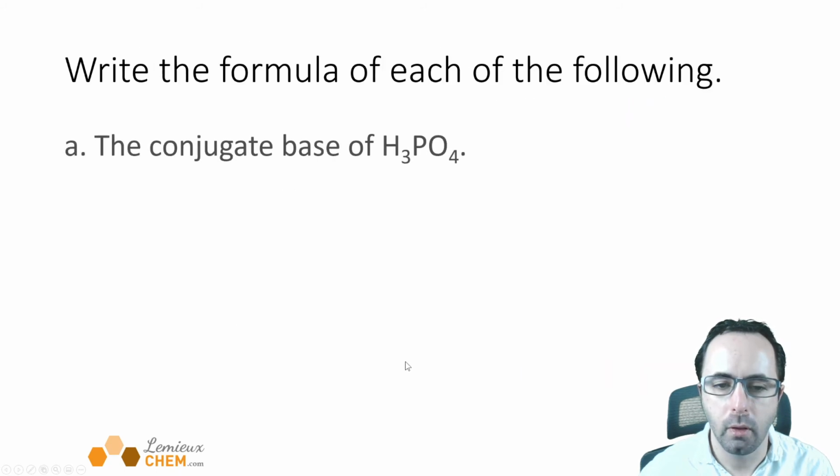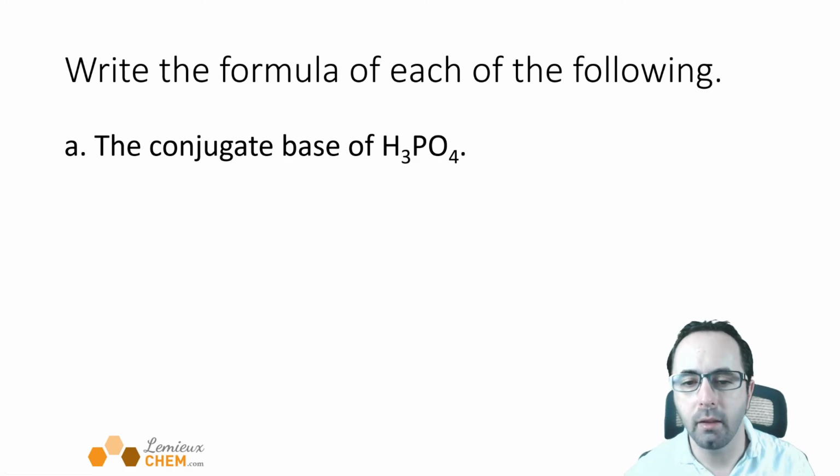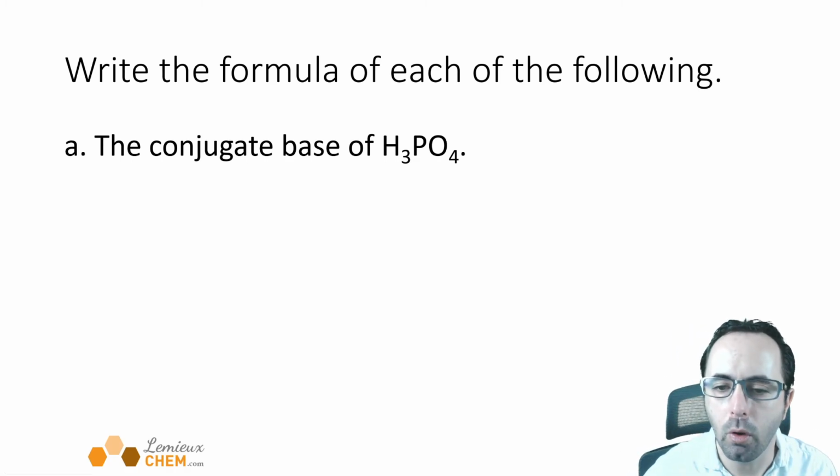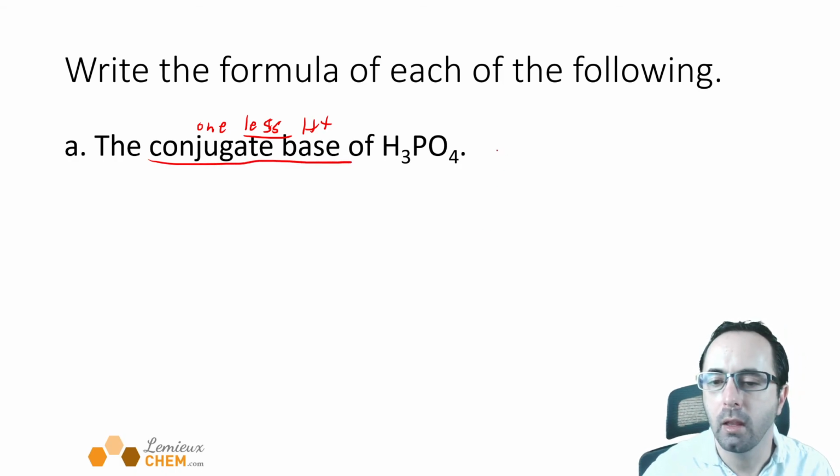So here's the kind of question I can ask you again. What is the conjugate base of H3PO4? Well, that's going to have 1 less proton, because the conjugate base, remember, means 1 less proton. And so this is going to have now only 2 hydrogens, and also the charge will be 1 less.